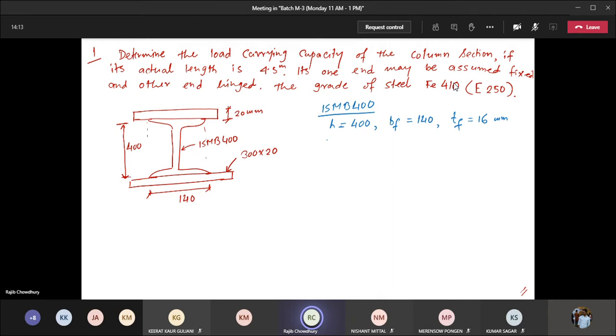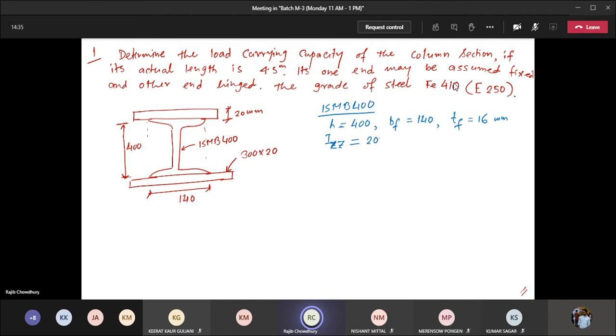It would be readily available for you, the moment of inertia about the z-axis and about the y-axis, as well as you will be getting from that table that about the x-axis.